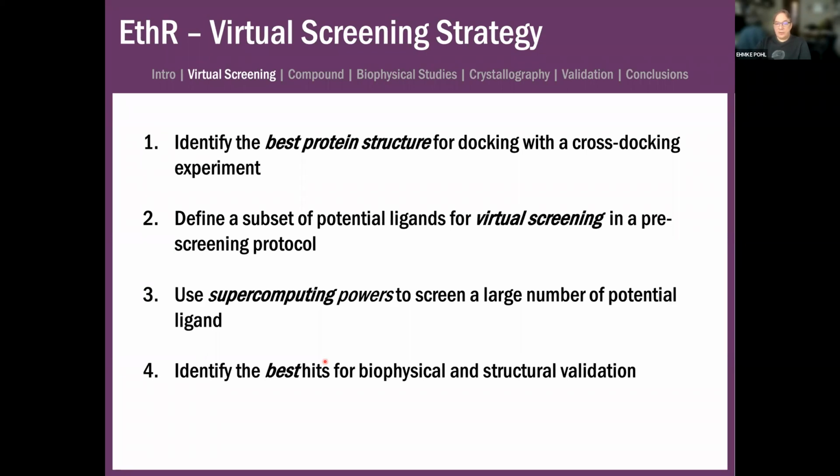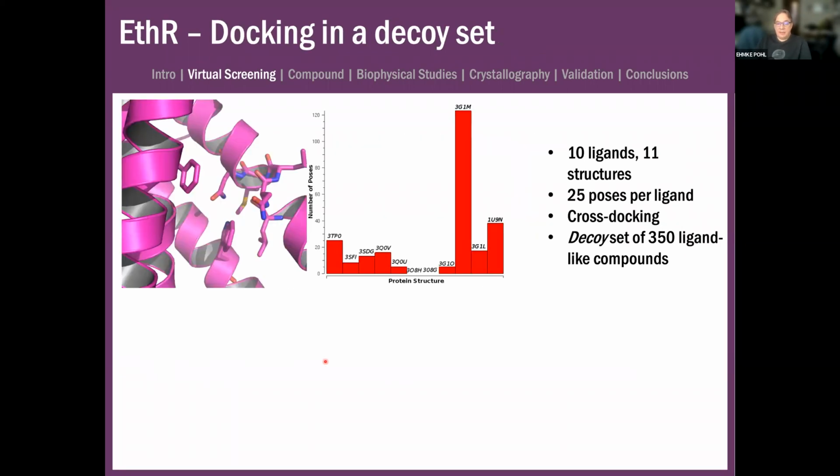So this cross-docking experiment was actually really crucial. I'm going to show you why. What we basically did is we took our 10 best ligands in 11 structures, and then we hid those in a decoy data set of about 350 ligands that look like ligands, but they're not ligands. So we hid the true ligands among 350 potential ligands, and we were then trying to find the best crystal structure that actually finds the known ligands on top of the list.